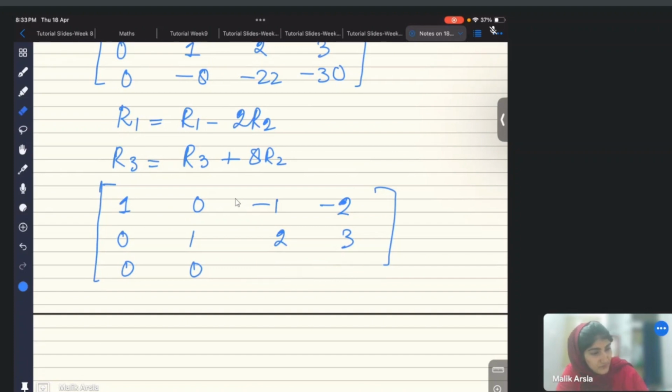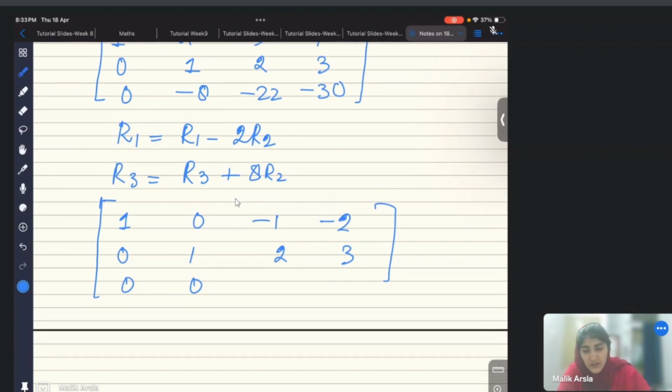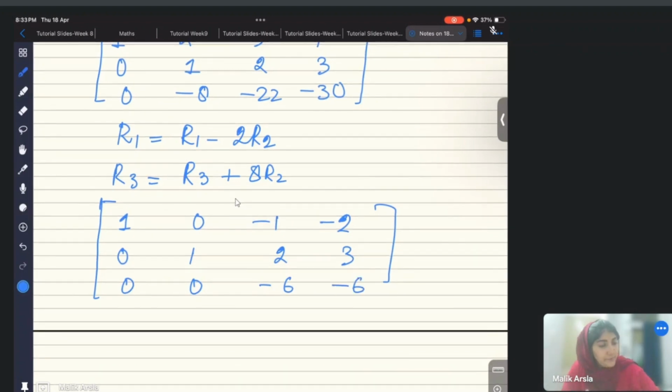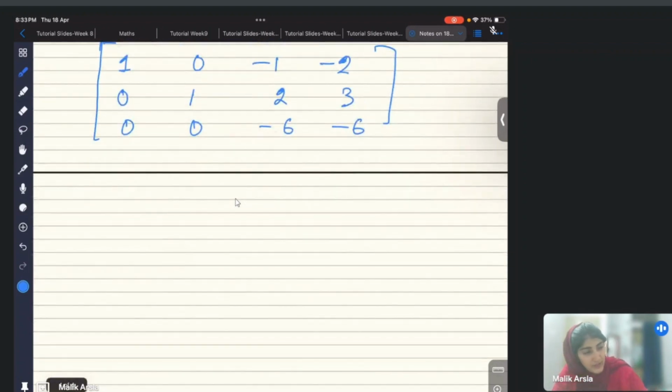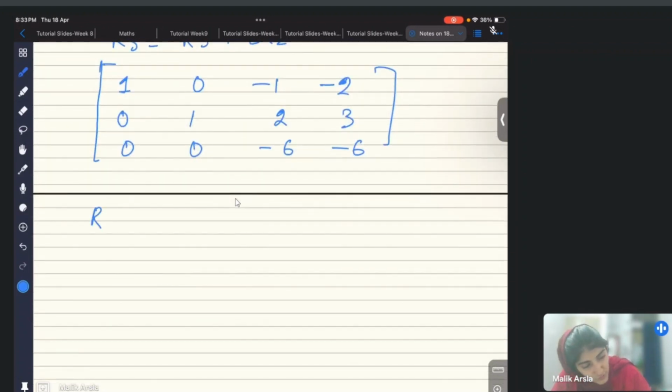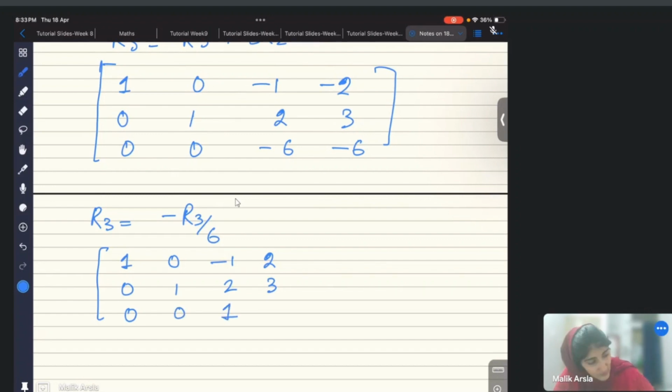So minus 22 plus 8 twos are 16, it will be minus 6, and minus 30 plus 8 threes are 24, it will also be minus 6. Our next row transformation will be dividing R3 by minus 6, or simply minus R3 by 6. So it will become 1, 0, minus 1, minus 2, 0, 1, 2, 3, and the last row will be 0, 0, 1 and 1.